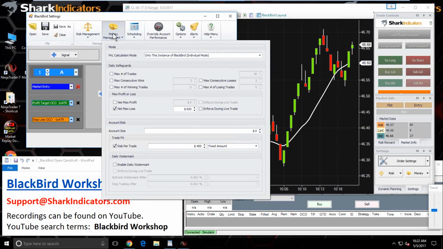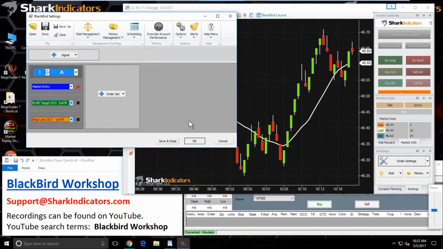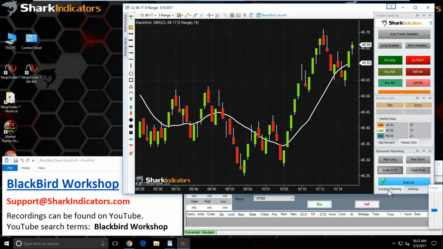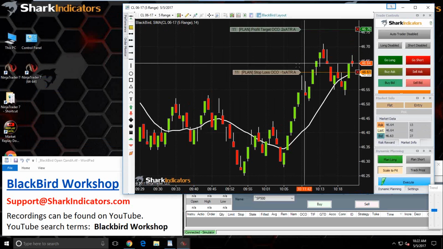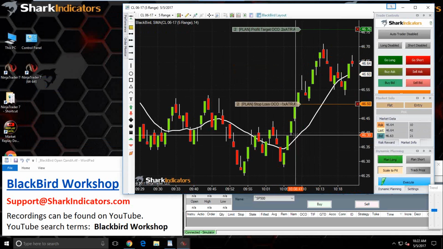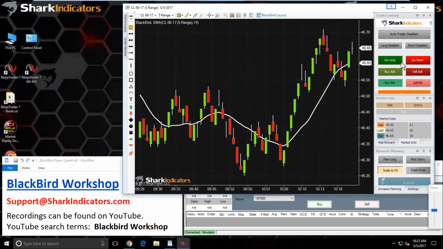Discretionary trading would be, for example, using the dynamic planner to plan out your trades before you take them, or using the chart trader buttons up here as well.